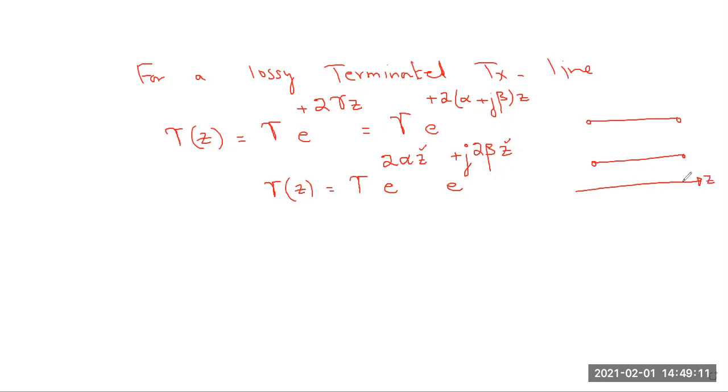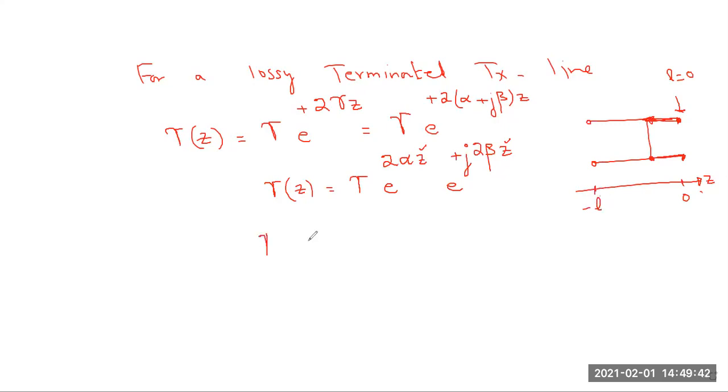At this point, z is equal to 0, and at this point, z is equal to minus L. But we know that the length of a transmission line can never be negative. So when you are at this point, L is equal to 0. It means the length is 0. And when you move towards this direction, the length is increasing. Okay. So z can be replaced by minus L.